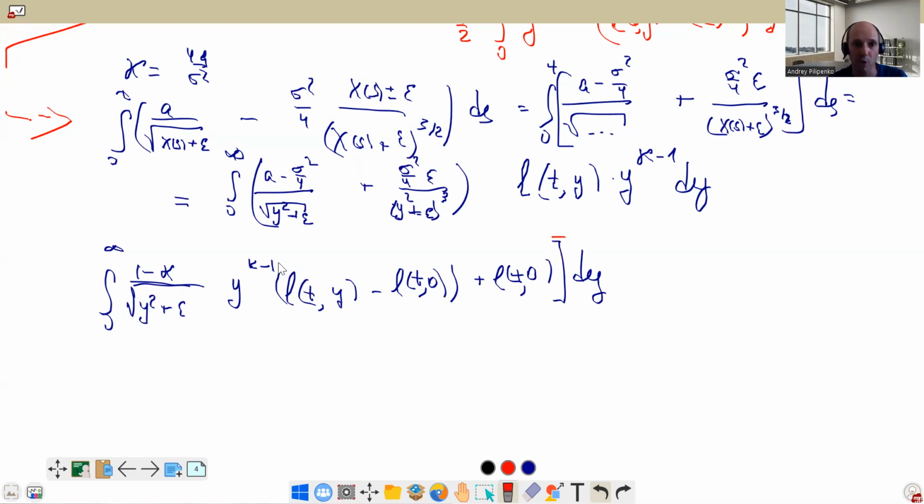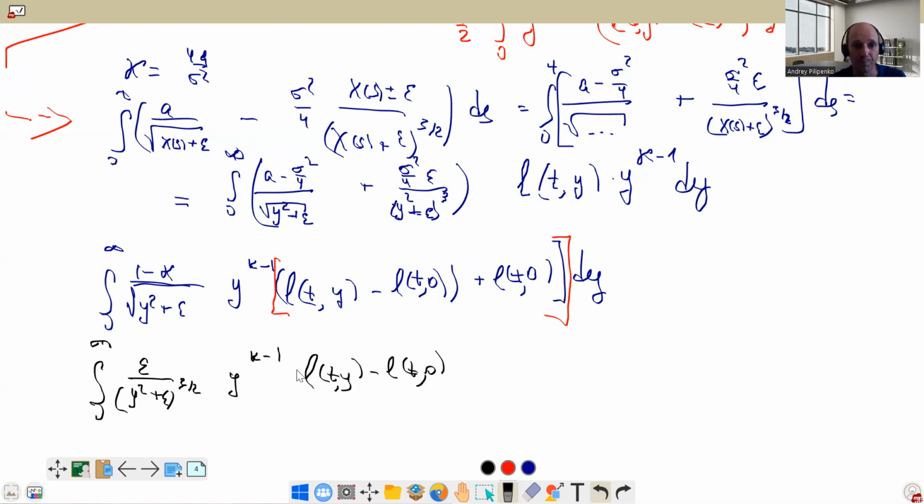And the same thing we do with the second integral, which is epsilon over (y squared plus epsilon) to the power 3/2, y to the power kappa minus 1, again times L_t(y) minus L_t(0) plus L_t(0), dy.